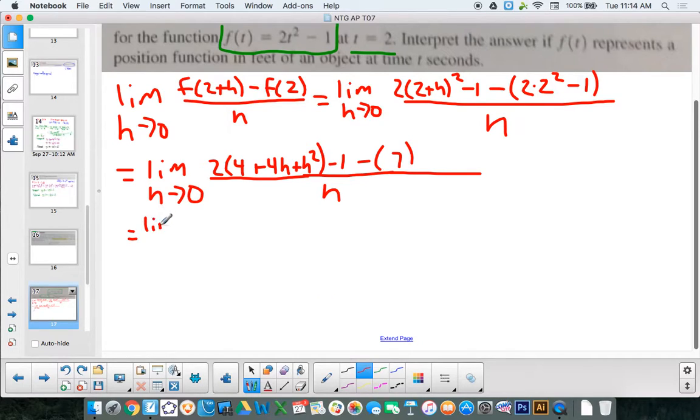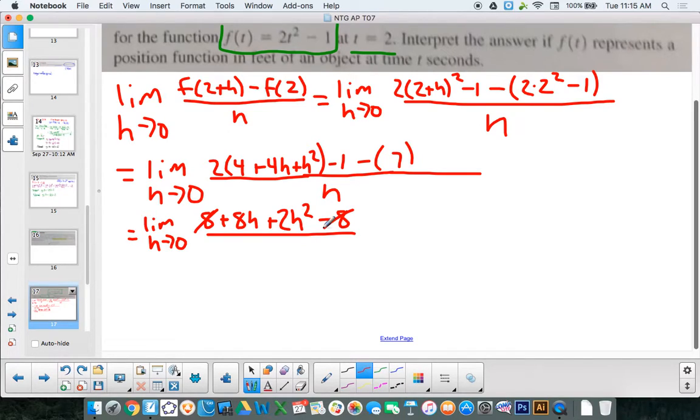Equals the limit as h approaches 0. Let's distribute that 2 there. We got 8 plus 8h plus 2h squared minus 8, combine like terms at the end, over h.